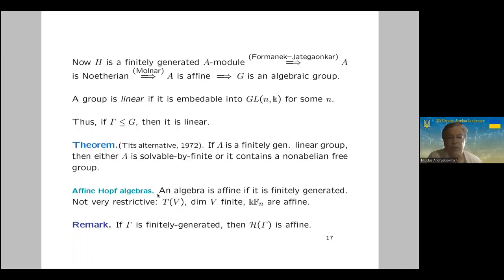Let me say that a group is linear if it is embeddable into GL_n(k) for some n. In particular, since gamma is a subgroup of G and G is an algebraic group, gamma is linear. By the Tits alternative, if you have a finitely generated linear group, either it is solvable-by-finite or it contains a non-abelian free group.